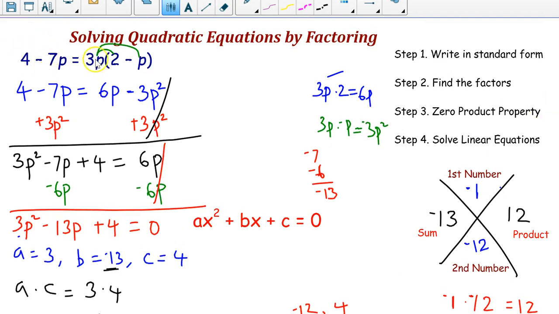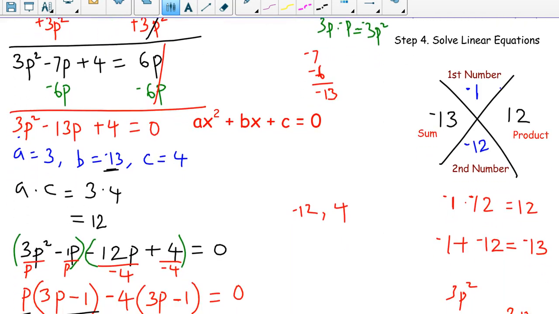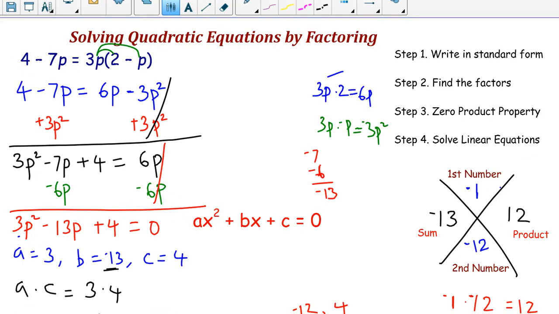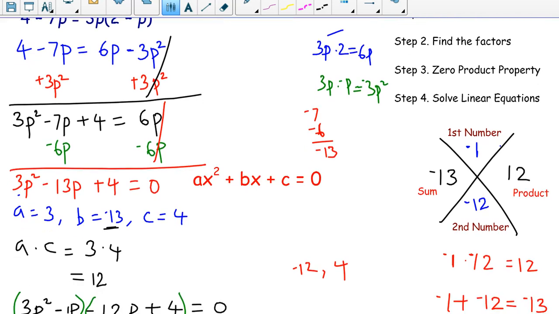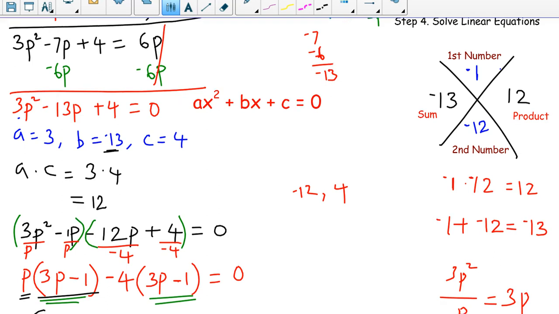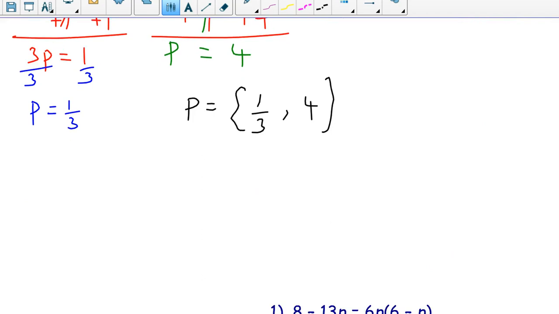Like here, using the distributive property and then bringing everything onto the left hand side, you got the quadratic equation. After the quadratic equation, and in this particular example, I showed you how to group the terms, grouping the terms and taking out the factors. If you have difficulty with this grouping and factorizing, you can just draw a box and take out the factors. Anyway, it is fine. We just have to find the values of this P, the variable.